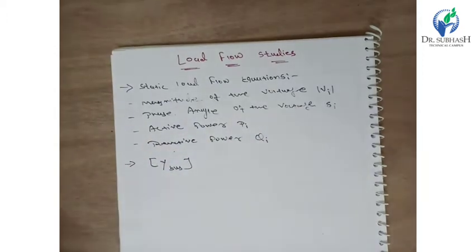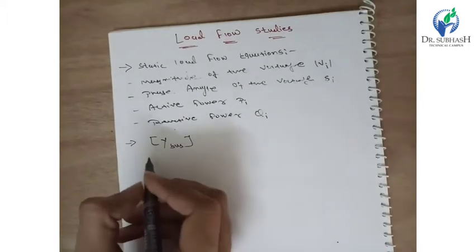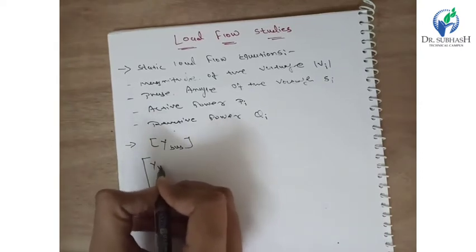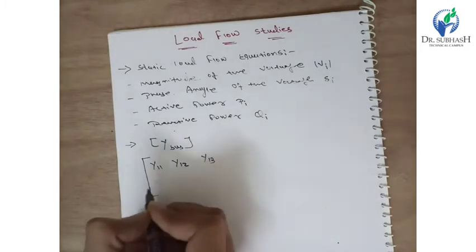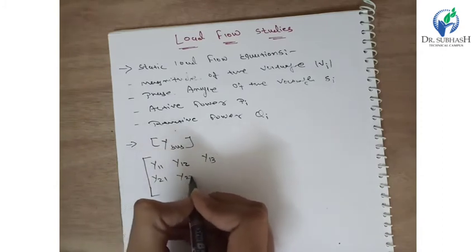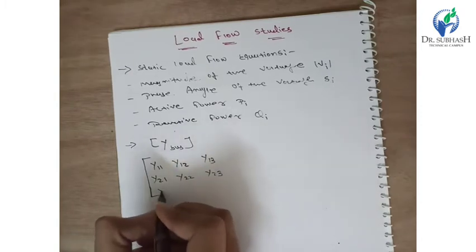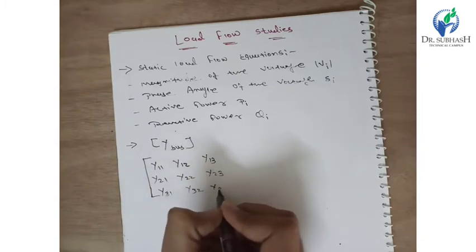Now we take the example of a bus admittance matrix, the Y bus for a 3 bus power system. The Y bus has the form: first row Y11, Y12, Y13; next row Y21, Y22, Y23; and third row Y31, Y32 and Y33.